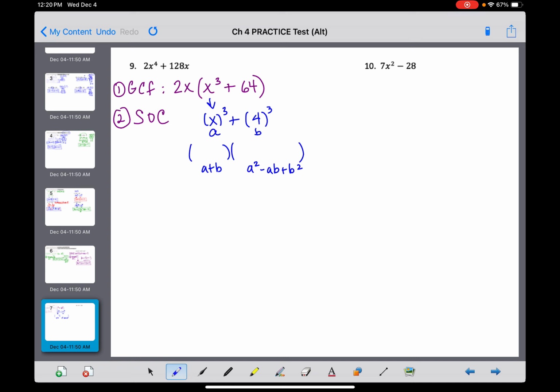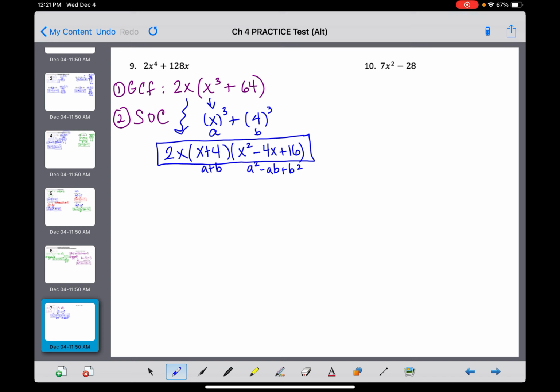I just have to fill that in. So my binomial will be x plus 4, and then my trinomial will be x squared minus 4x plus 4 times 4 is 16. And then don't forget the 2x GCF from the beginning of the problem goes in front of your answer.